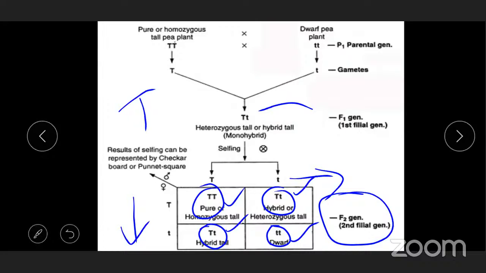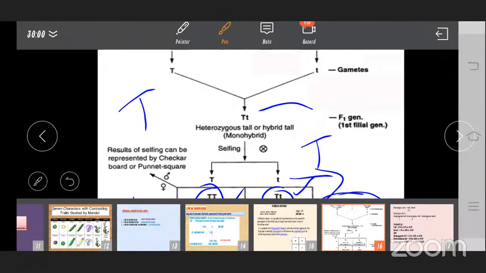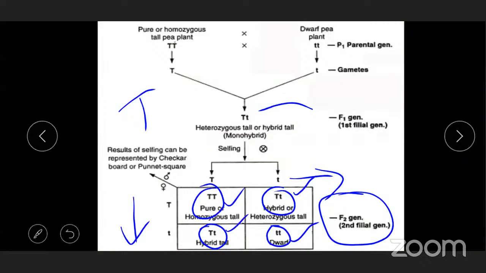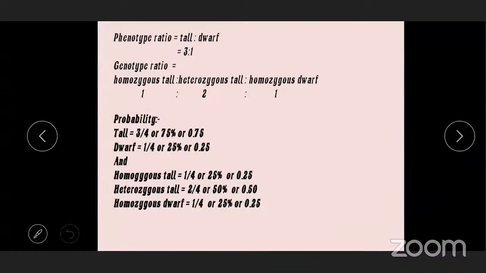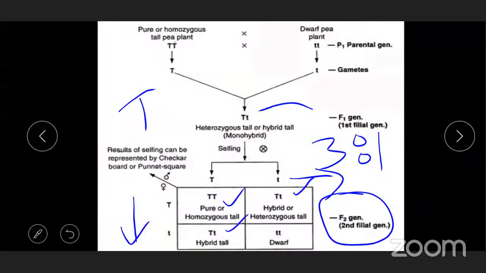The phenotypic ratio, tall to dwarf, is equal to how much? Simply 3:1. The phenotype ratio of tall to dwarf is 3:1. Why is it called 3:1?